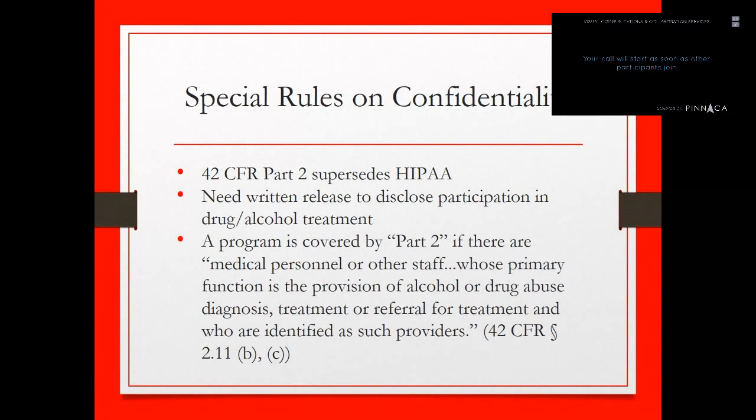This wouldn't apply to most primary care offices, but it does make it a little bit difficult to communicate with other levels of care, for example outpatient programs, intensive outpatient programs, inpatient programs, or methadone programs. Unlike HIPAA, providers can't communicate with each other without a written consent form from the patient, whereas HIPAA allows provider-to-provider communication for purposes of patient safety and coordination of care.